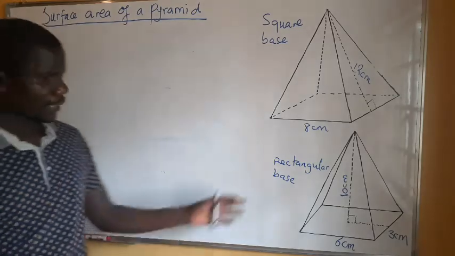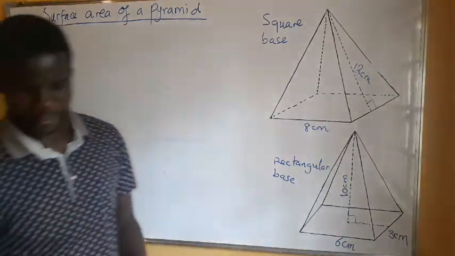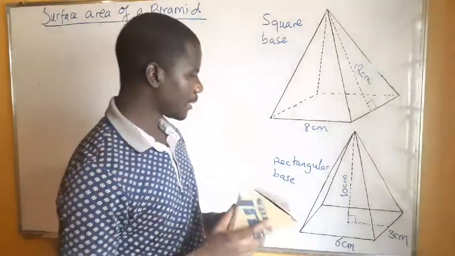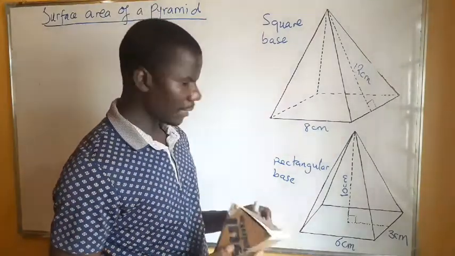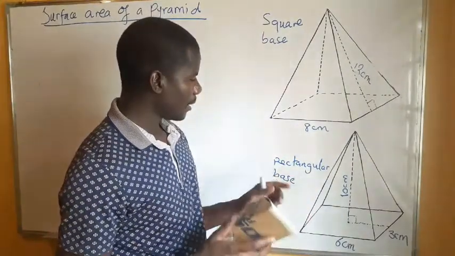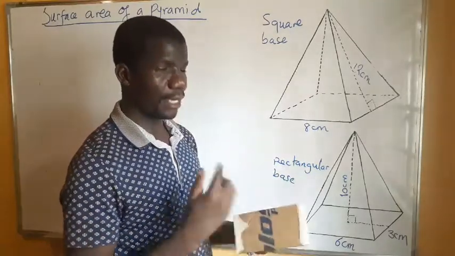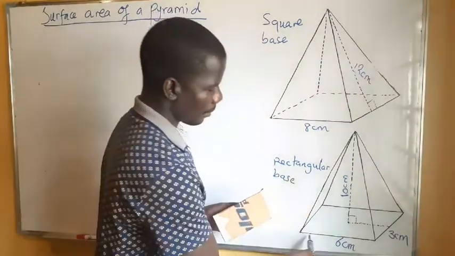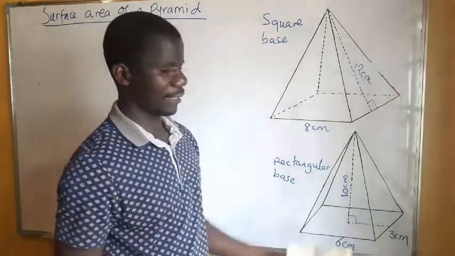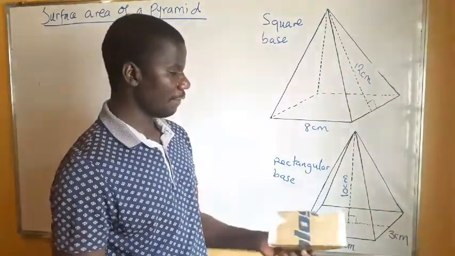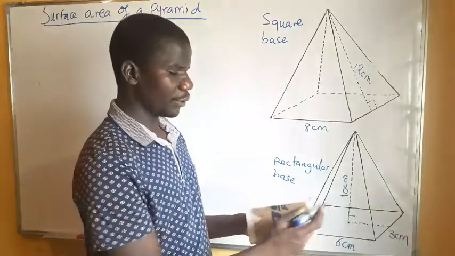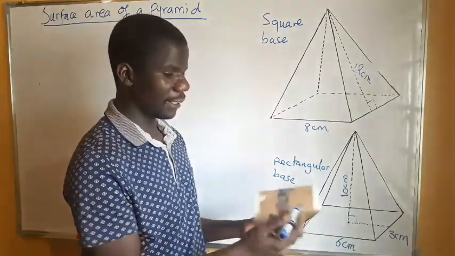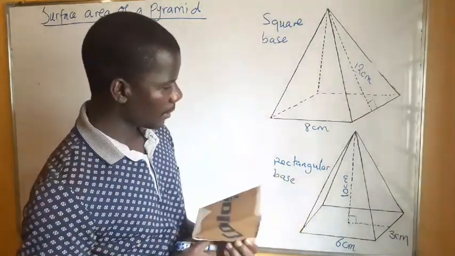So the next example, I will refer you to this one. We are saying the base is a rectangle, meaning the measurements, as you can see here, we've got 6, the other side we've got 3. If it's a rectangle, it means it's not squared. The length and the width are different.